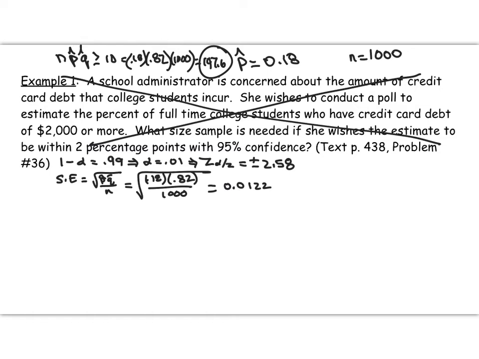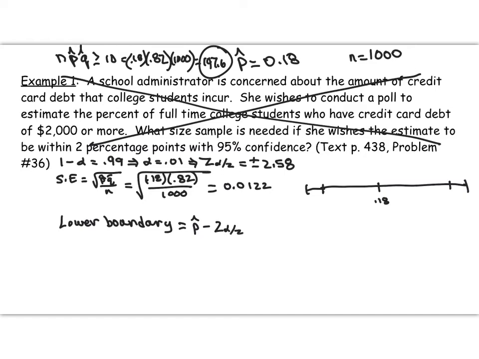Let's take a look at our confidence interval, or a visual of it. So in the middle is our point estimate, and our point estimate is 0.18. We want the values that bound that. So our lower boundary is going to be our point estimate minus z alpha over 2 times our standard error.